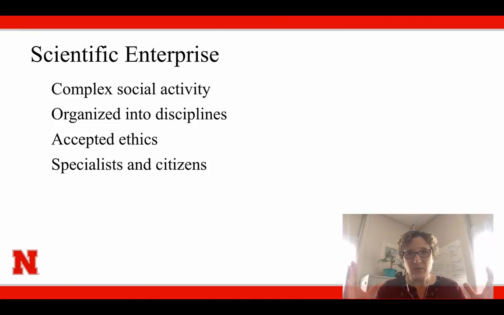Even if you look at IANR and KASNR and how we are organized, we have departments. We have crop science, we have water science, we have horticulture, we have the social scientists, our ag education, communication, leadership people. We're organized into disciplines to help make sense of the different pieces of things that we are looking at when it comes to ag and the environment, but we also work together in teams.